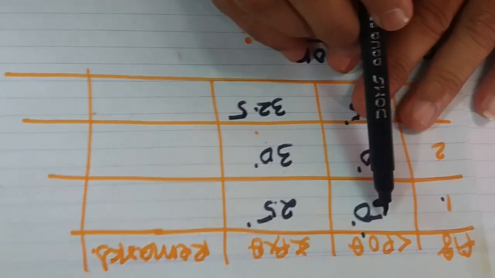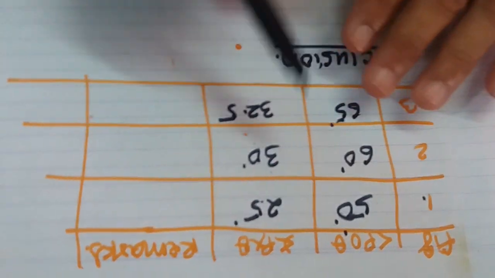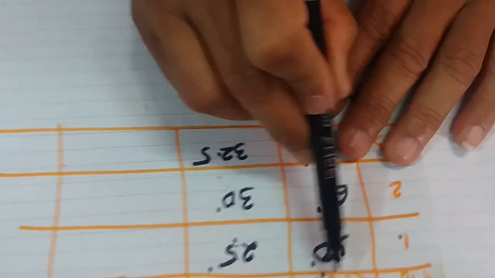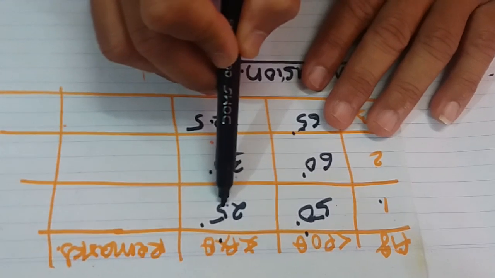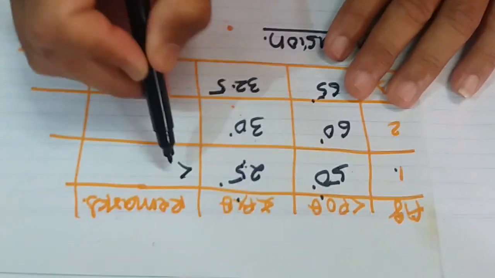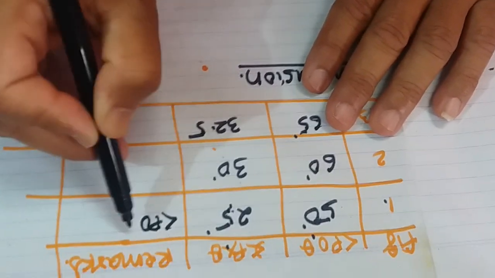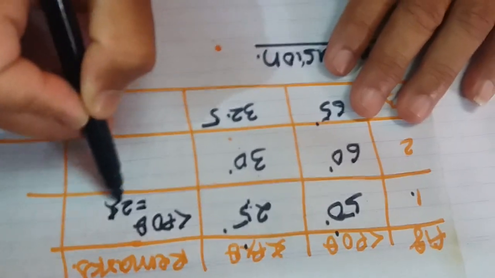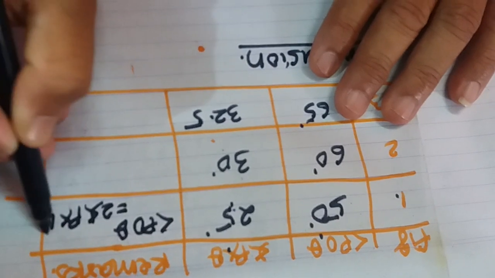So after writing the measurements of the angles, what I found is that this central angle is double the inscribed angle. So in the remark we'll write angle POQ is 2 times angle PXQ.